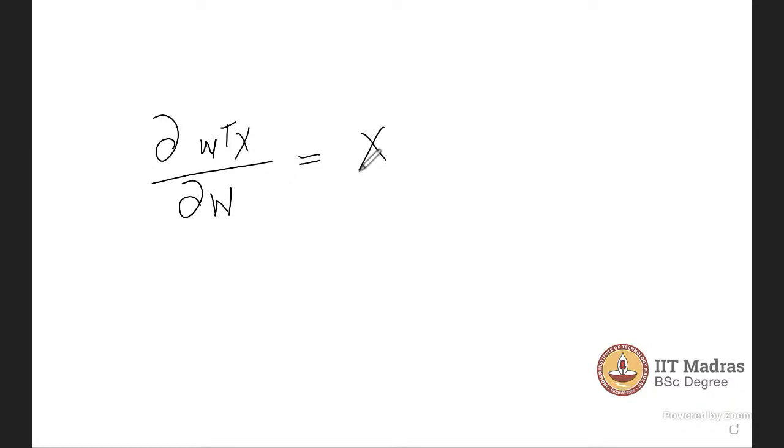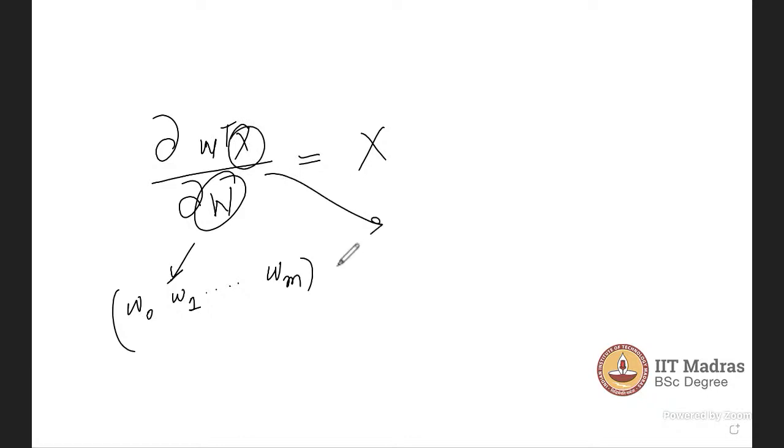I think there have been some queries about this one on Discourse also. So let me expand this particular one. w is a vector, so what we have is values from w0, w1 up to, let's say, wm, and X also is a matrix since it is capital X. So there will be x1, x2, x3 up to xm, and this all belongs to one sample.